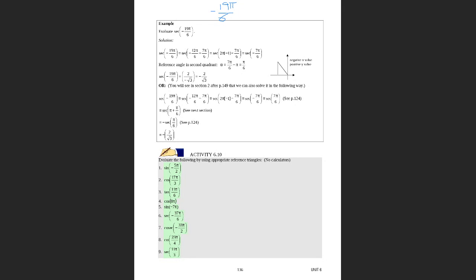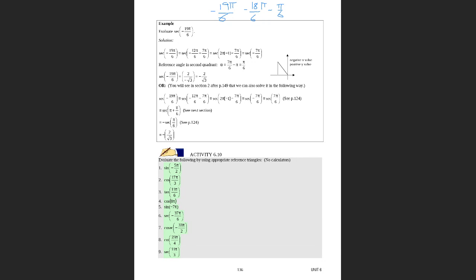Have you seen? So this one, I can write it this way: minus 18 pi over 6 minus pi over 6. But when I do it this way, here I cannot get 2 pi.